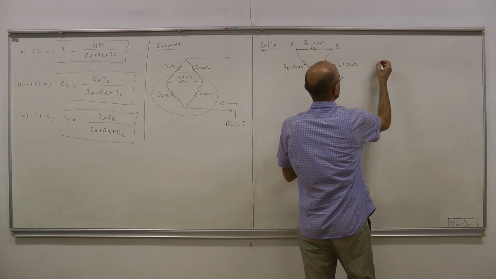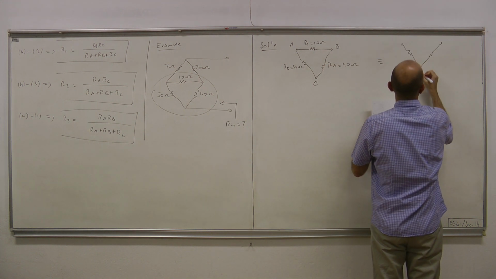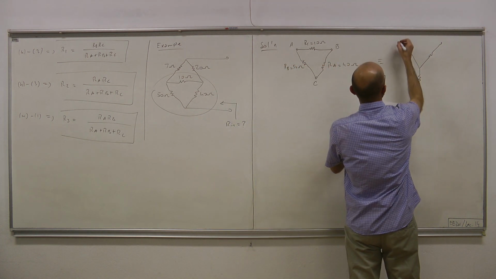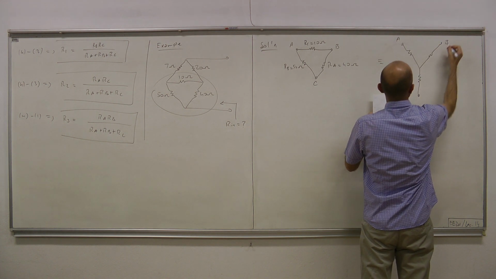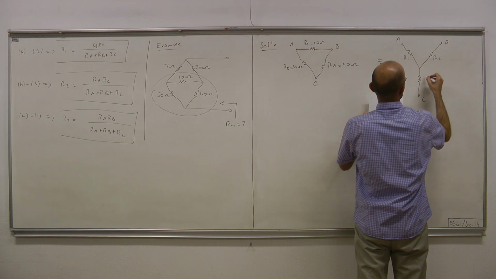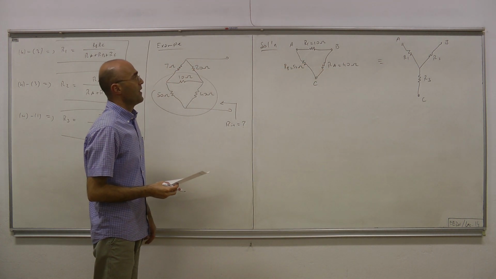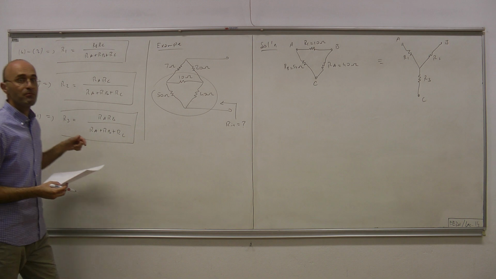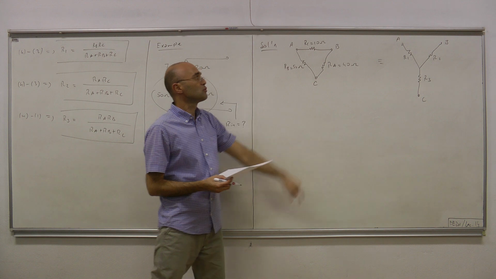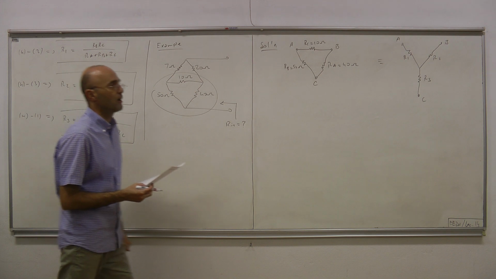Now this is equivalent to a Y-connected set of resistors, A, B, and C. Let's call this R1, this is R2, and this is R3. And we discovered the transformation from the set RA, RB, RC to the set R1, R2, R3. So let's quickly compute R1, R2, and R3.